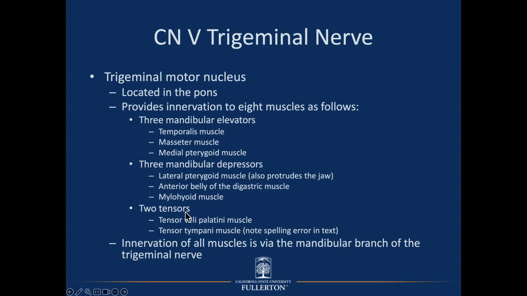Okay, the 2 other muscles, because there's a total of 8 muscles innervated by the mandibular division of 5, are not associated with speech, at least not in a testable way. The tensor veli palatini, it's in your palate, it's in your velum. There's no way to test it differentially. You can't get in there and see anything.